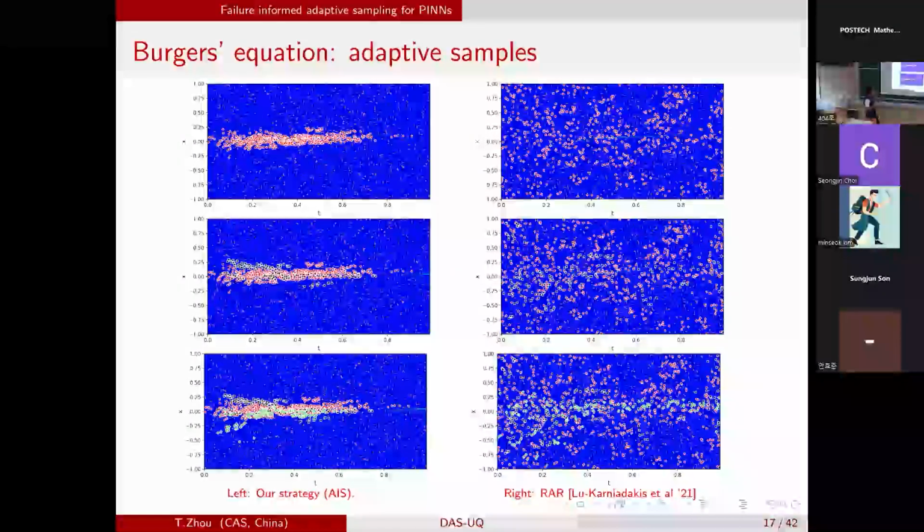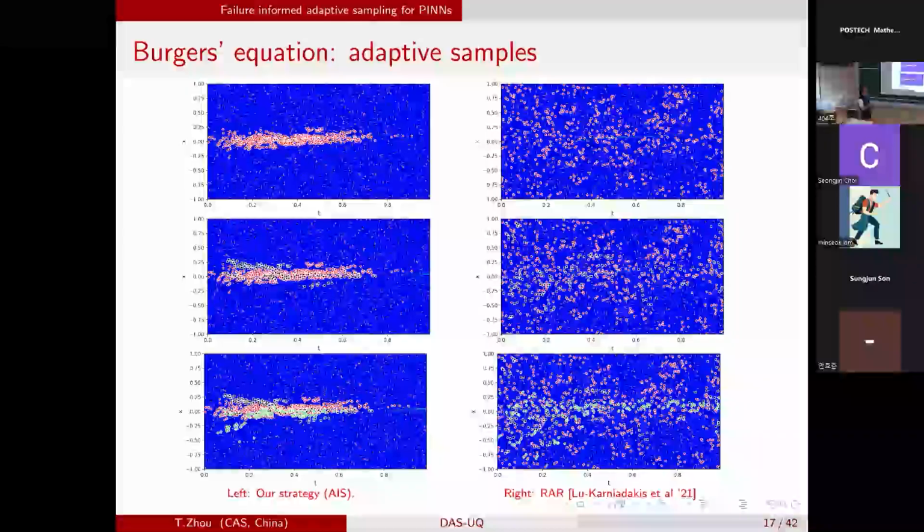In the beginning, you don't have any information about the residual, so you have to choose the training points uniformly over the whole domain. This is what standard PINNs do. These are the initial training points.